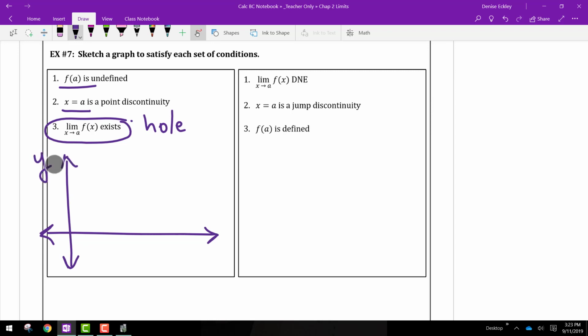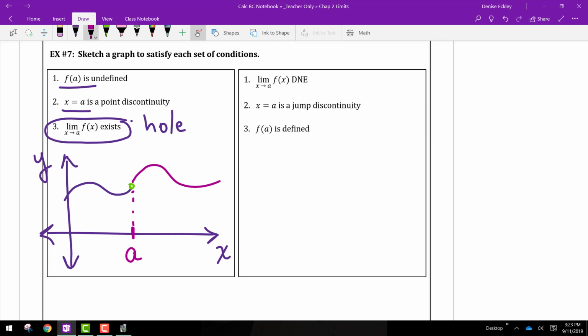So here's my y, my x, and I'm just going to draw a curve, and I'm going to put a little hole in it right there, like that. Okay? And so this point is going to be my A, where the hole is.